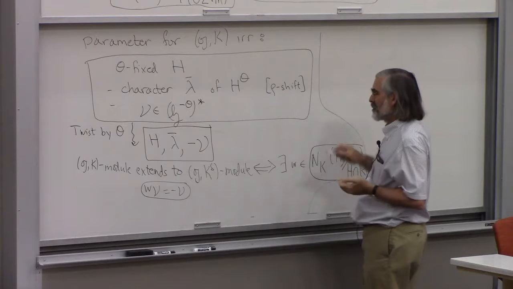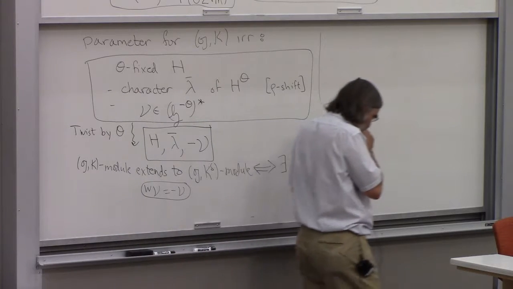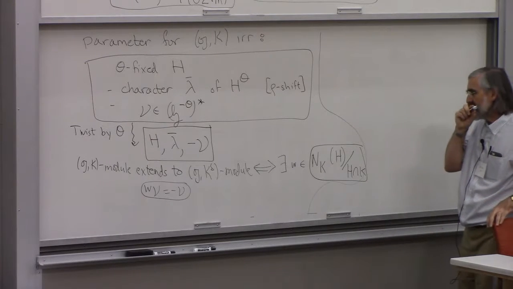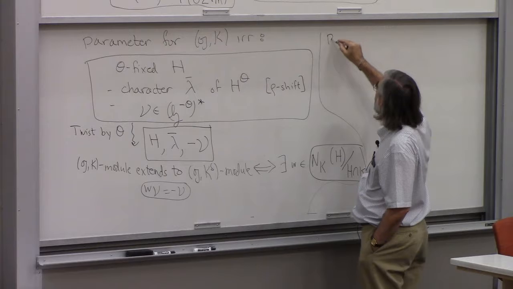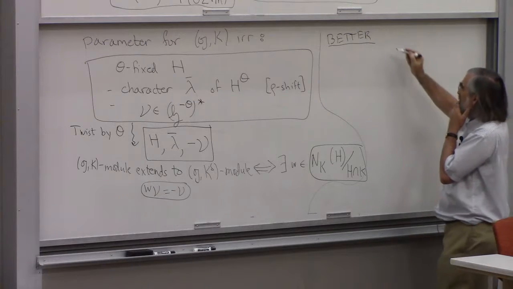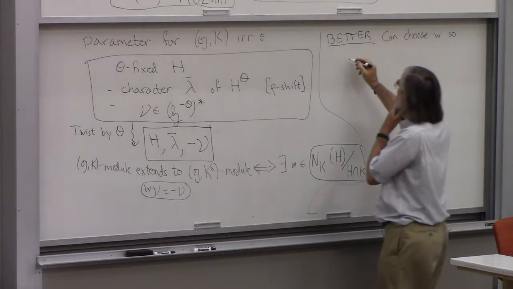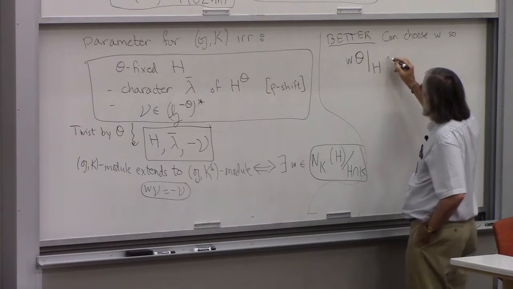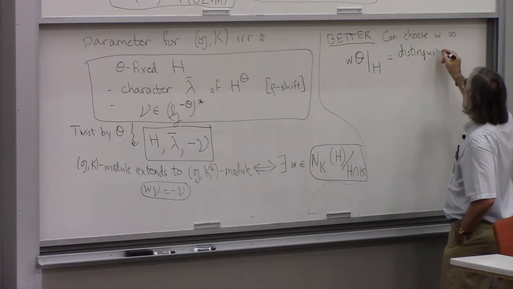So what's actually true is you can choose this W so that W theta restricted to the Cartan is this distinguished delta.